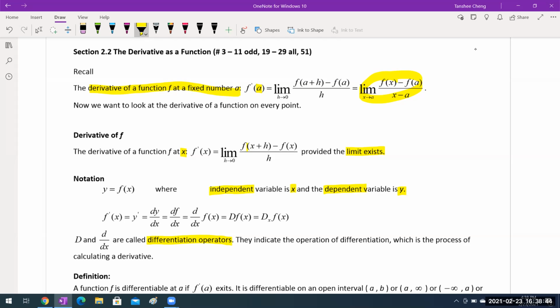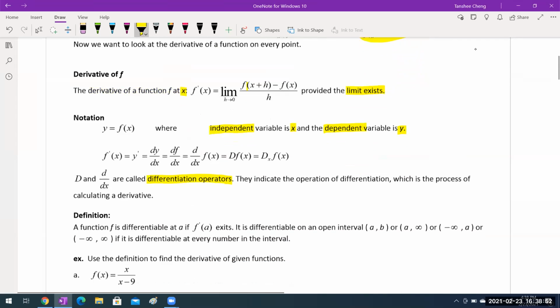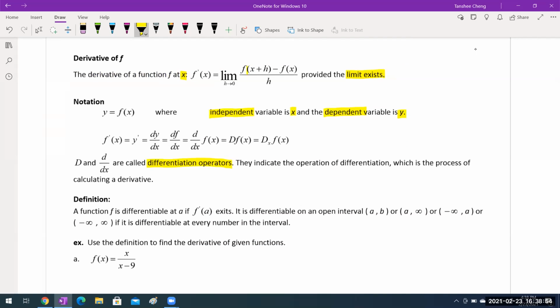So later on we would use this terminology, differentiable. For example, in the next definition, the function is differentiable at a if f prime of a exists. So we can say that f is differentiable at a when f prime of a has a value. That means the limit exists, right? This limit exists.